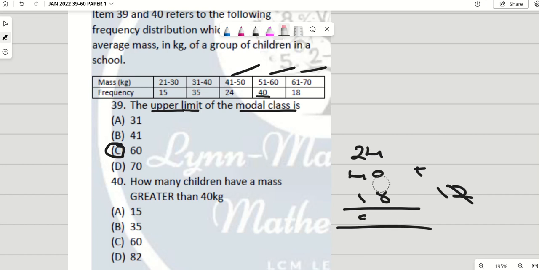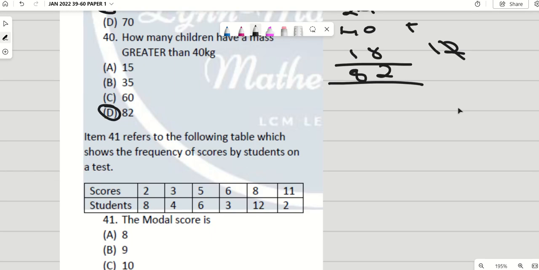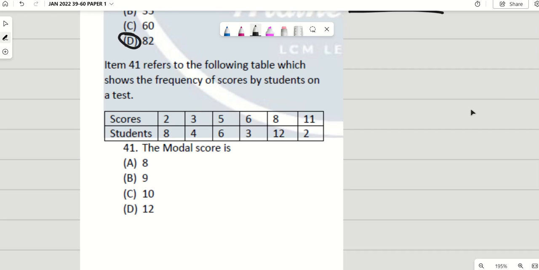It is 12, right? And 2 plus 4 plus 1 plus 1 is 8. So my answer would be D. So the number of children with mass greater than 40 kilograms would be 24 plus 40 plus 18. When you add that up, you're going to get 82, which is your answer, right?